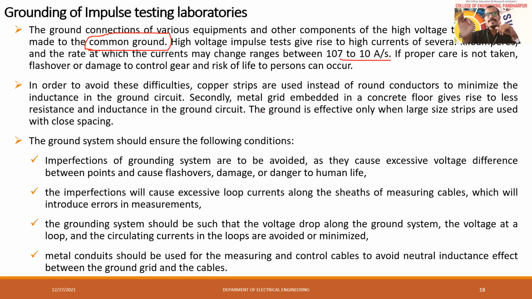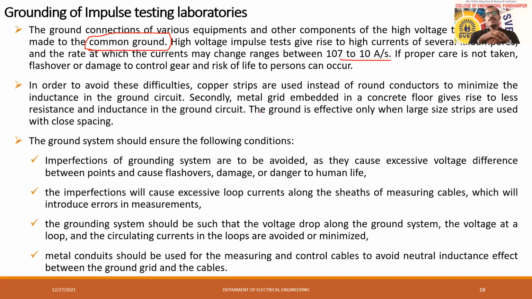There should not be a single imperfect case, right? If there is any single imperfect thing, we can experience excessive voltage difference between some of the points, or it may cause some flashovers, there may be damages, and there may be dangers to human life.